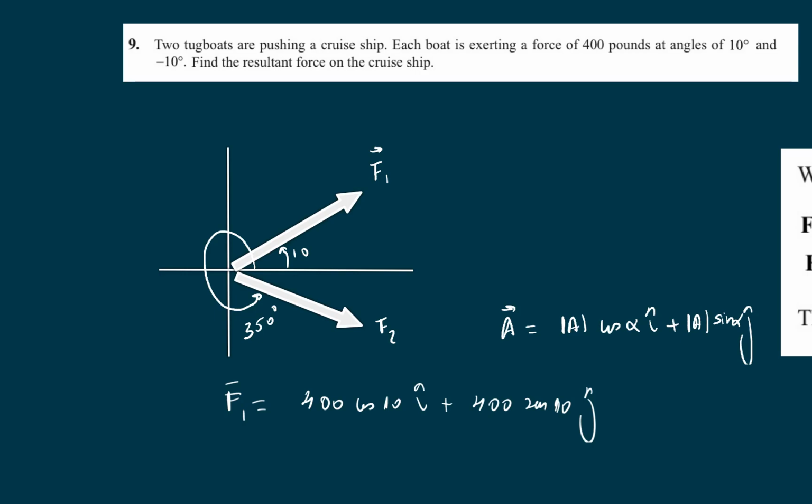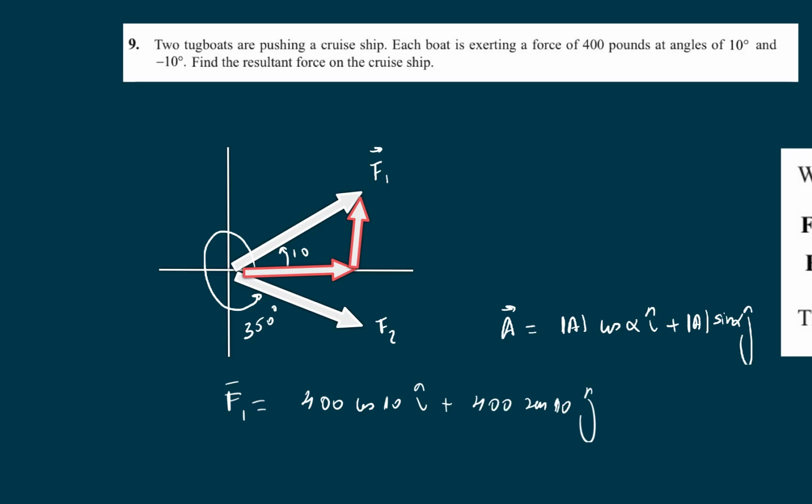So F1 is made of two vectors: this vector plus this vector, in the opposite direction, going up. This part is 400 cosine of 10, this is the magnitude, and this one is 400 sine of 10.